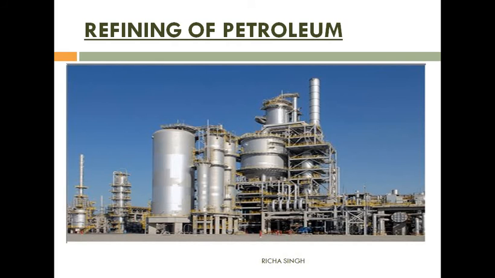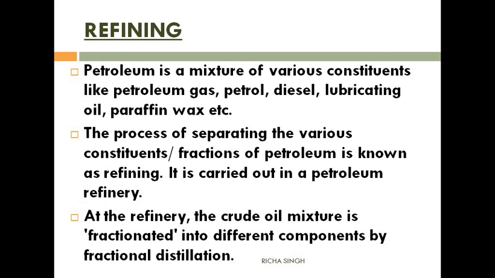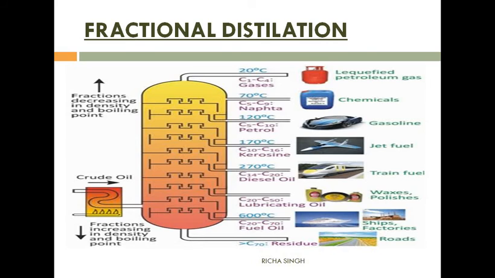This is the picture of a petroleum refinery. What happens is the crude oil is fractioned. It is segregated into different components by the process of fractional distillation. So how is it done? Let's see, what is fractional distillation? Fractional distillation is a process where petroleum is heated to about 400 degrees Celsius in a furnace.